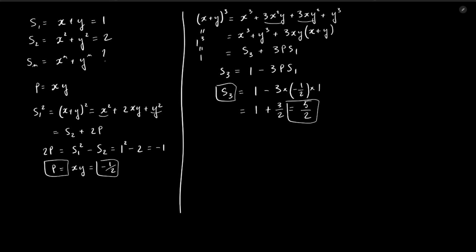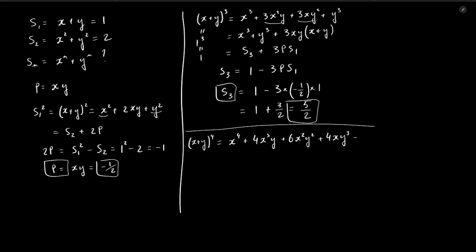Okay, let's continue this way for S4. We can write that (x plus y) to the power of 4 is equal to x to the power of 4 plus 4x to the power 3 y plus 6x squared y squared plus 4x y cubed plus y to the power 4.